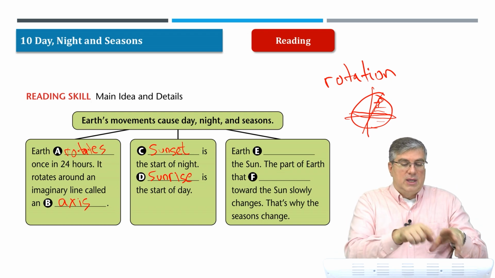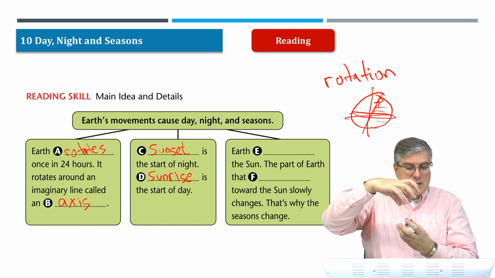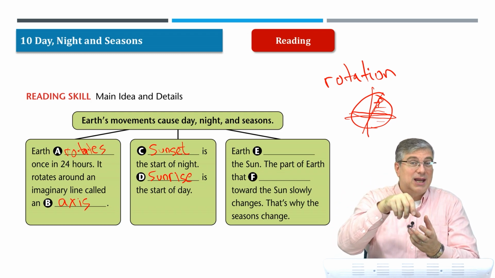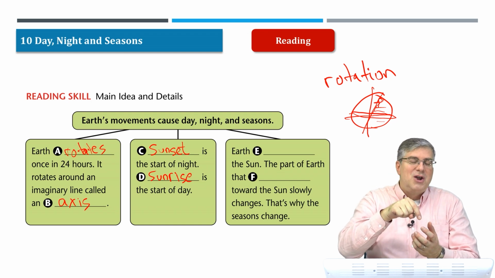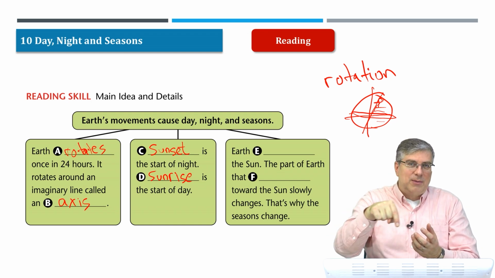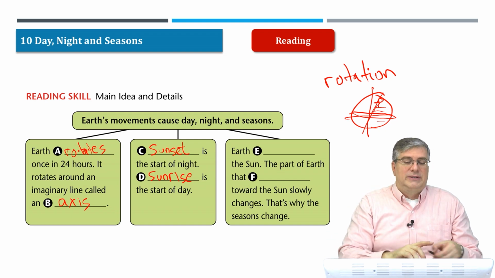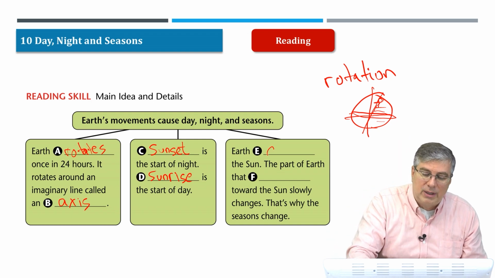So in the first two sections, we're talking about the rotation of the Earth, but don't forget the Earth is also making another movement. What do we call that movement? As it goes around the sun, it orbits the sun. So Earth orbits the sun. Now we're talking about seasons.